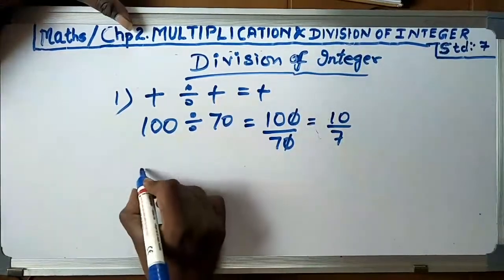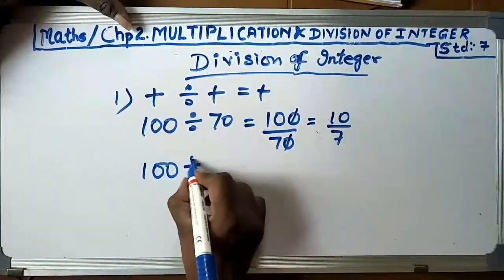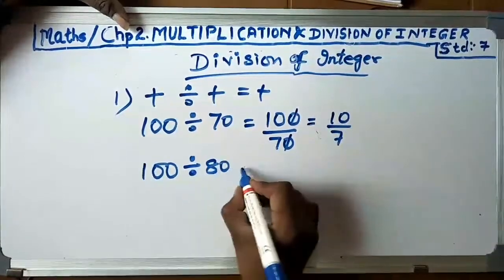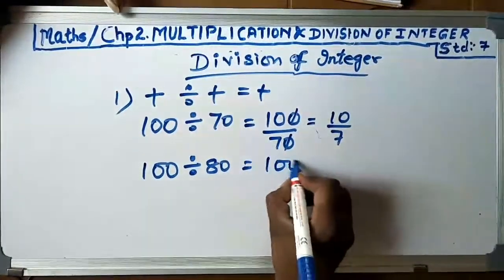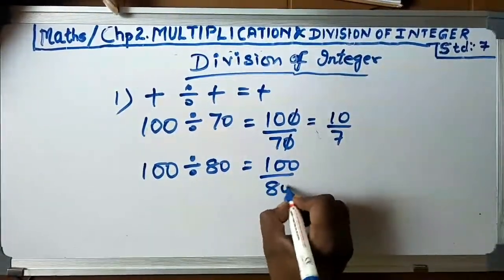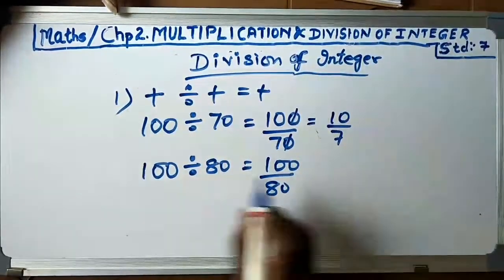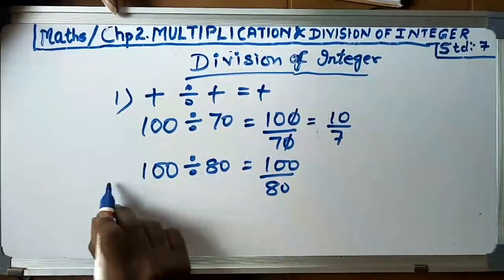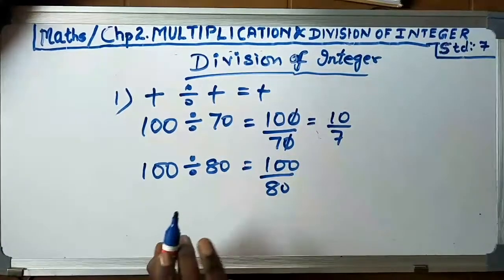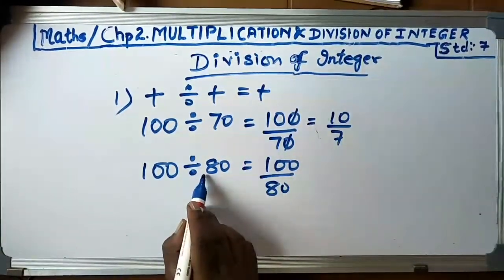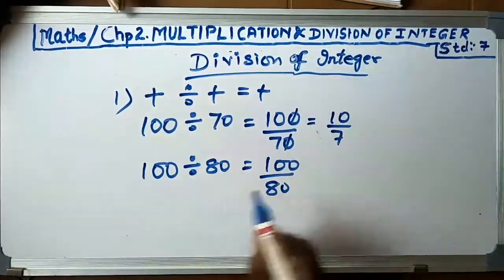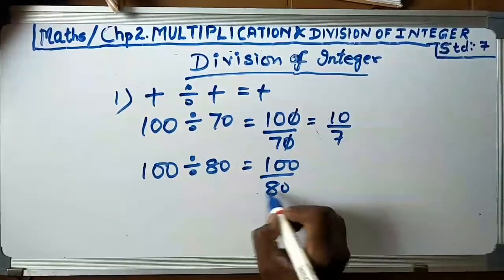Let's do the second sum. 100 divided by 80. 100 upon 80. Both sides plus sign is there, which we have not written. It is understood that when no sign is there, it is a plus sign. Plus 100 divided by plus 80.